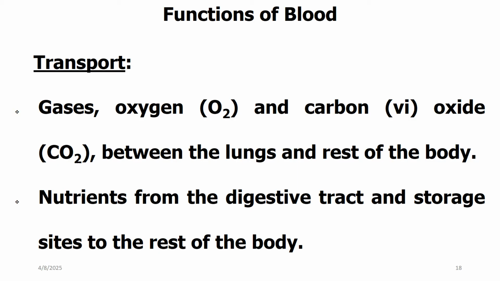Now, let's look at the transport functions. As I mentioned earlier, gases, oxygen and carbon dioxide, are transported between the lungs and the rest of the body, and nutrients from the digestive tract and storage sites to the rest of the body.